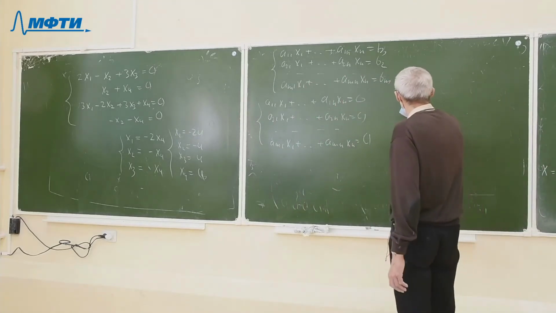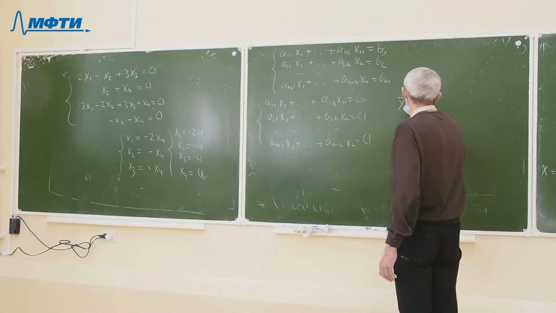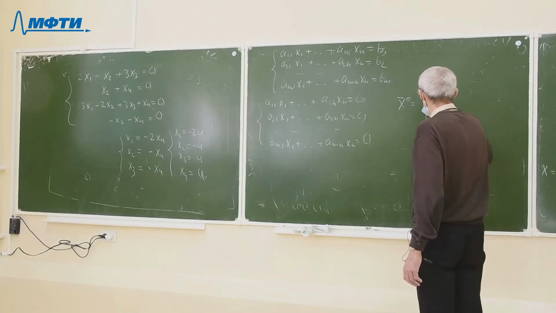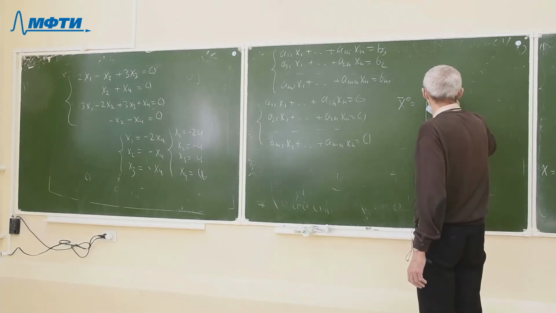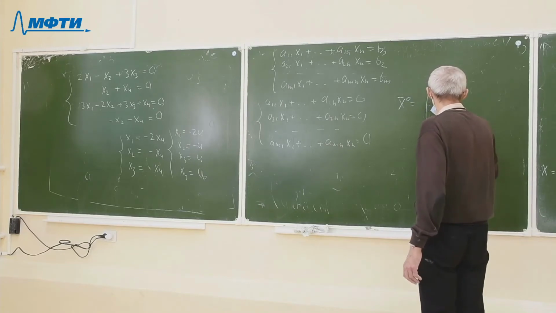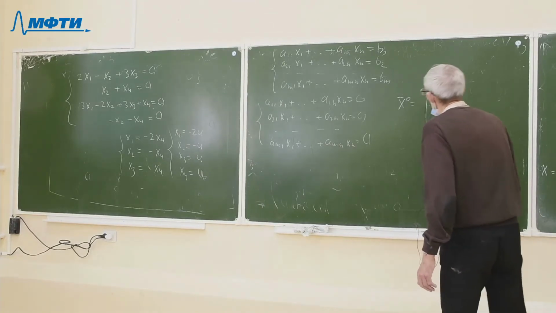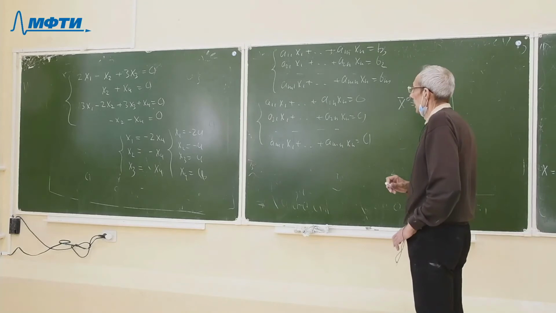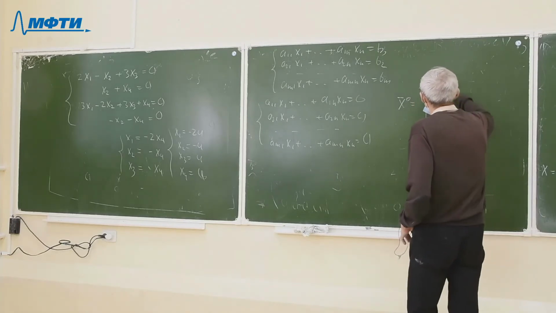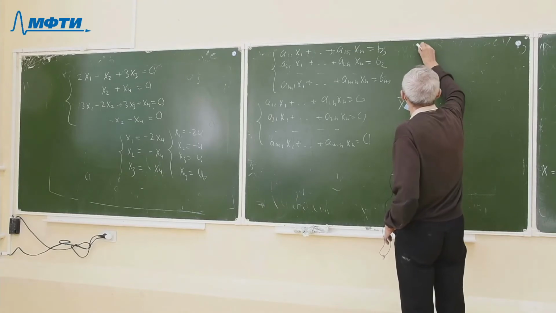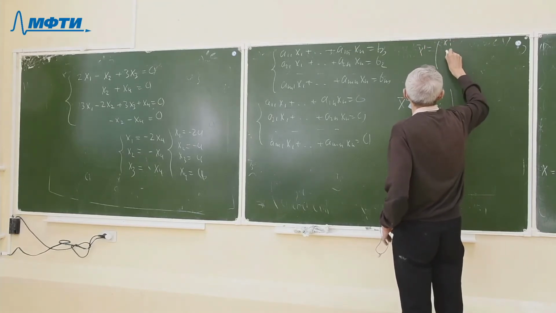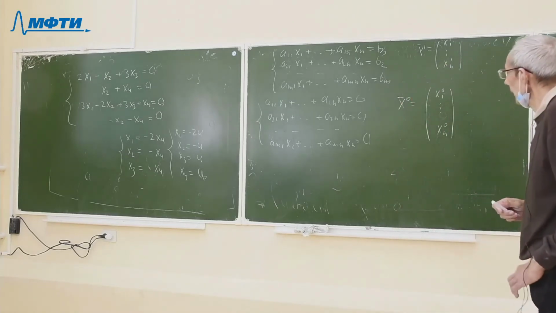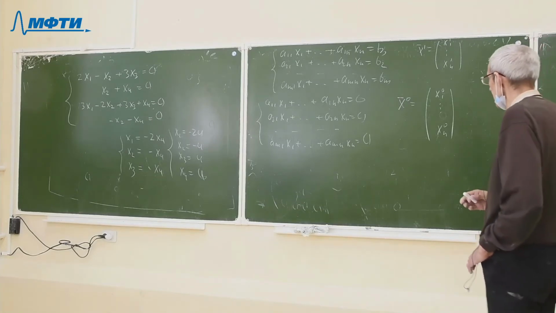Let x0 be one solution of the homogeneous linear system, and x1 is a solution of the inhomogeneous linear system.